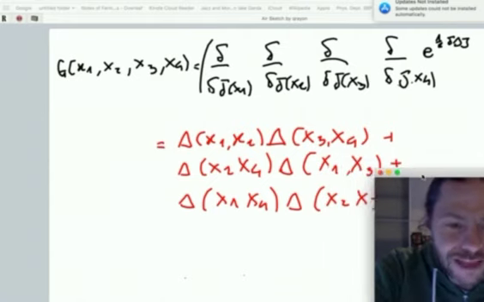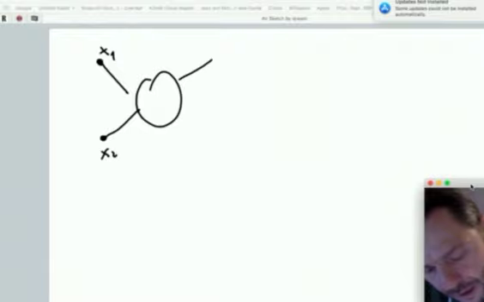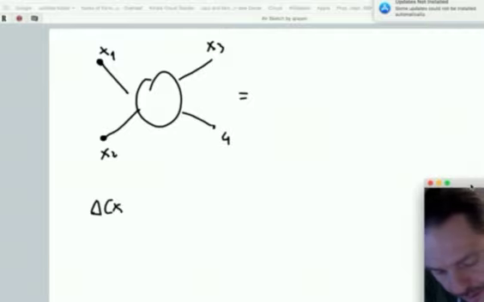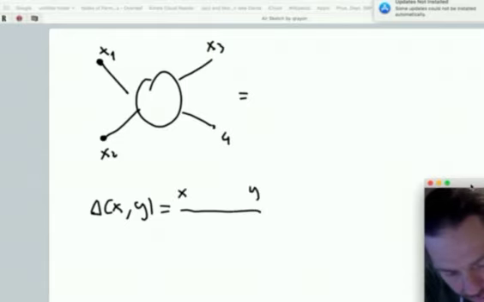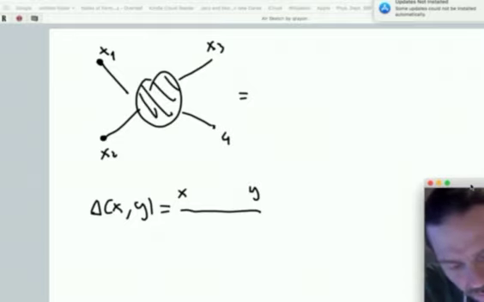And if you graphically represent this in our blob, you'll discover that my 4-point function, x1, x2, x3, x4, if you choose to represent delta of x, y as a line connecting x to y, then you can show that this blob can be represented in this form.